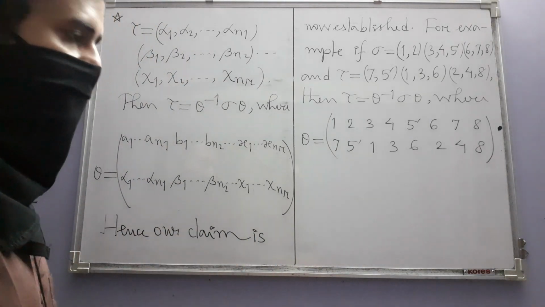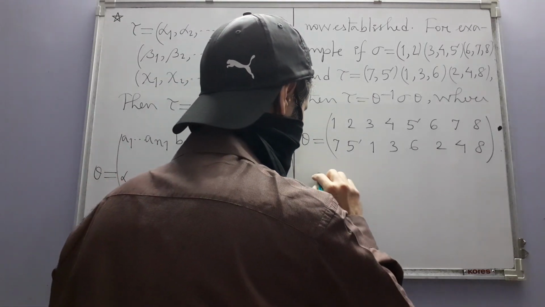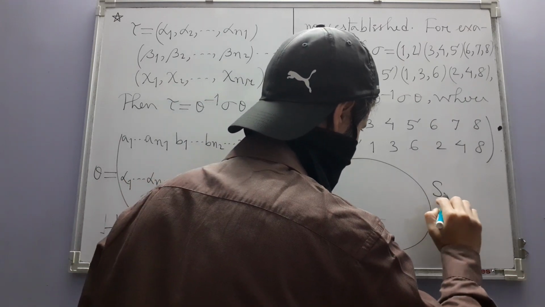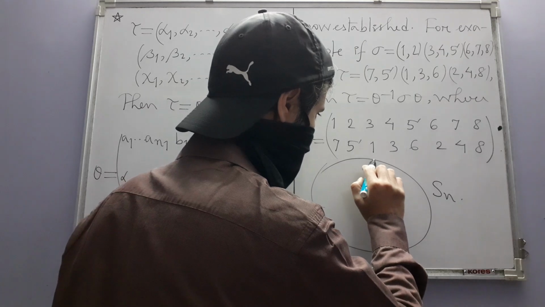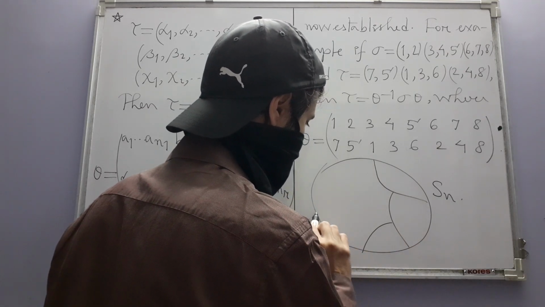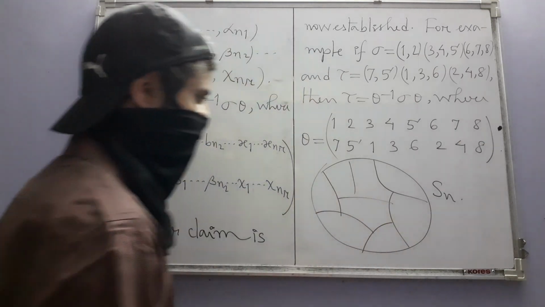Now what is the consequence of this claim? You are in Sn. So let us just try to see again what the claim is saying. You are in Sn and you have the conjugate classes, which you already know form a partition of Sn.